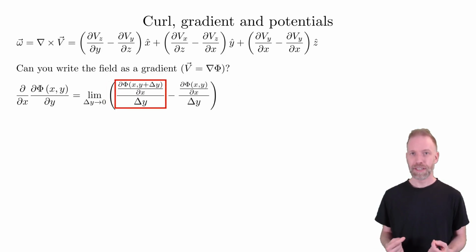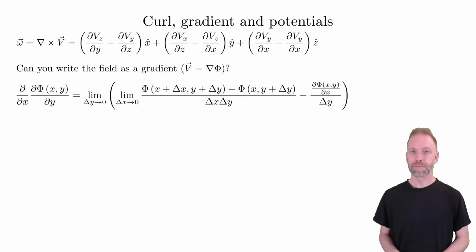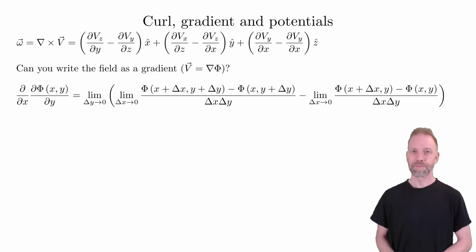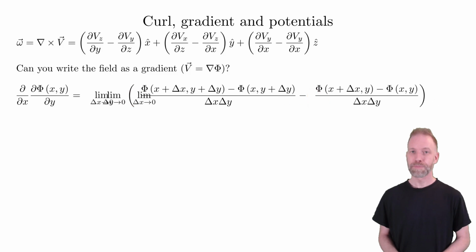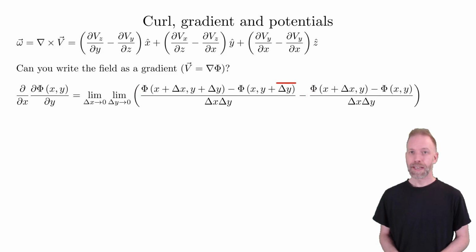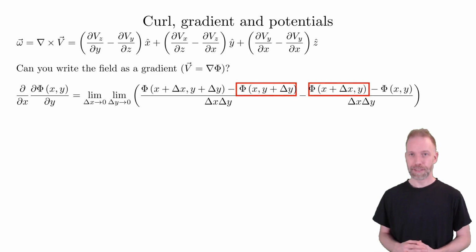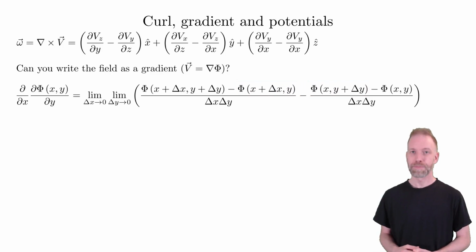Use the definition of the partial derivative again. And again. We can move the limit when delta x goes to 0 outside as well. As these have a common denominator, these terms can swap places. Now we can distribute the limit when delta y goes to 0.